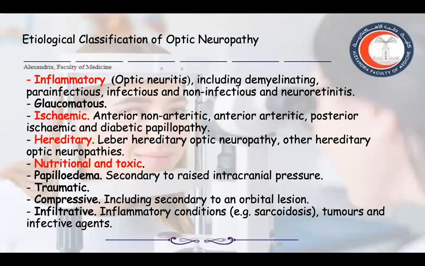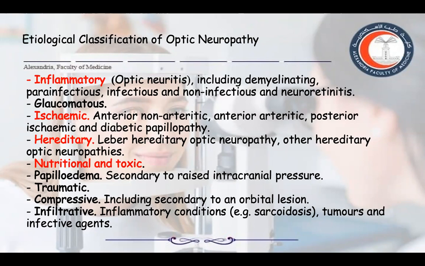Now let's discuss the second topic with us, which is the optic neuropathy. We have etiological classification of the optic neuropathy, starting with the inflammatory causes, which is called optic neuritis, including the demyelinating, the para-infectious, infectious, and so on. We have the glaucomatous. We have the ischemic type, either anterior or posterior ischemic optic neuropathy.